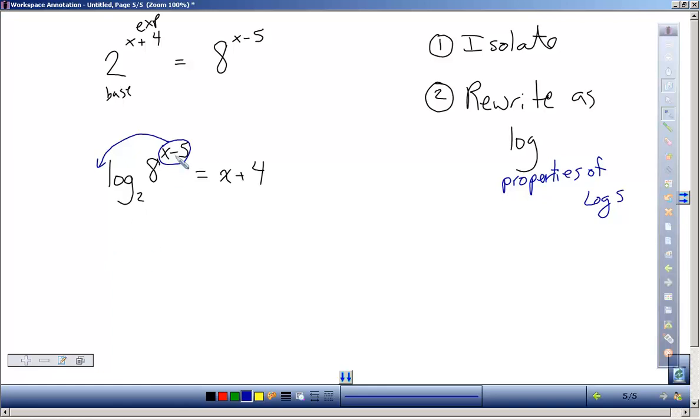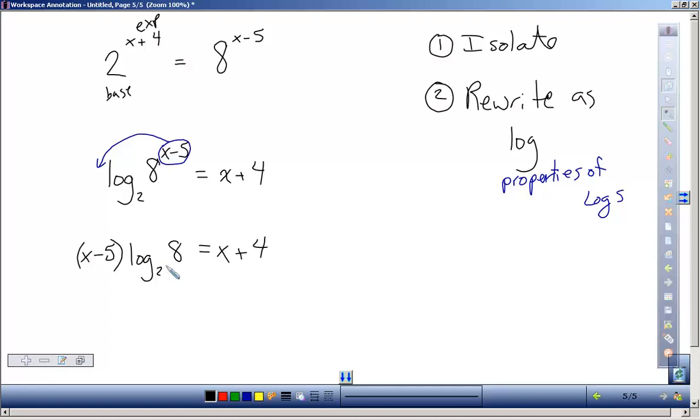It comes down out of the exponent. And so that means whatever is up here in the exponent can actually move to the front. So now I'm going to have x minus 5. Do notice I put it in parentheses so I keep it together, and it moves up to the front, and it's being multiplied by log base 2 of 8.